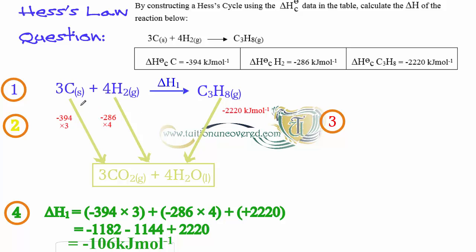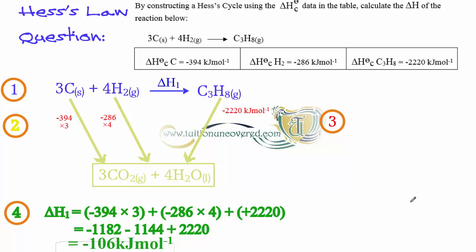Well, to go down those arrows, I'm sticking to the way the arrows are drawn. So my calculation is simply the value of that arrow plus the value of this arrow, minus 394 times 3 minus 286 times 4. It's these two arrows. However, to get up to propane, I have to go against this arrow. If downwards, it's minus 2,220. Upwards, it would be positive 2,220. Adding the 3 arrows together, that's my calculation, and there's my answer.